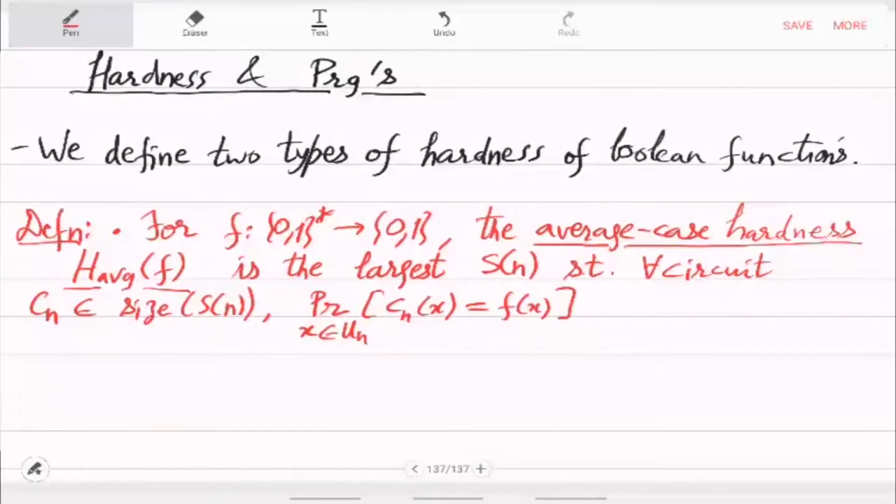That is what we want to say. So we will say half plus 1 over S(n). This you can see as the advantage.